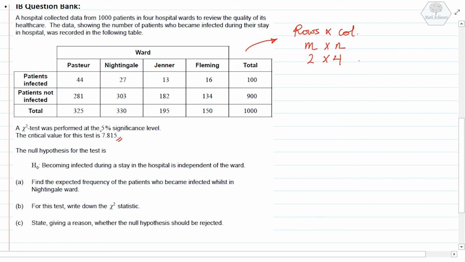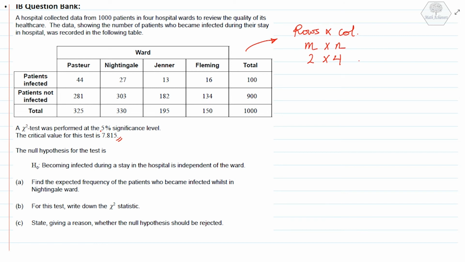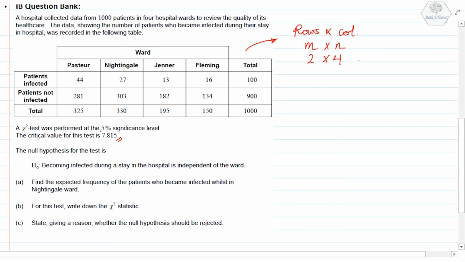Part A, find the expected frequency of the patients who become infected whilst in Nightingale ward. So the patients that are infected whilst in Nightingale, this is the value. In order to find the expected value, I need to multiply the total of the row times the total of the column divided by the grand total, which is 1000.